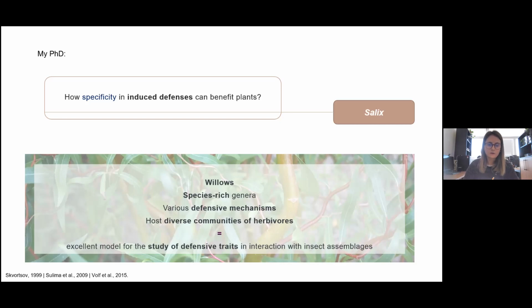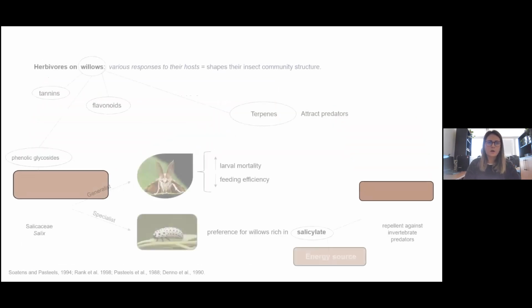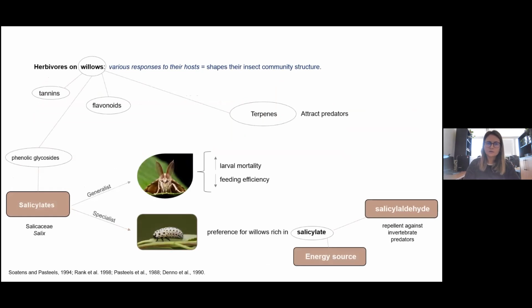Because of all these characteristics, willows are an excellent model for the study of defensive traits in interaction with insect assemblages. But herbivores on willows also learn how to cope with these defenses, because willows can defend themselves very well, but so can herbivores. These responses to their hosts largely shape insect community structure.